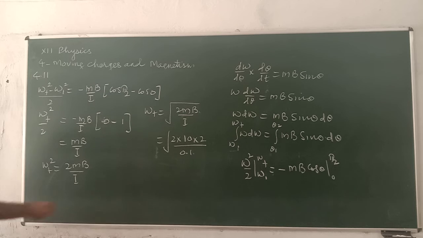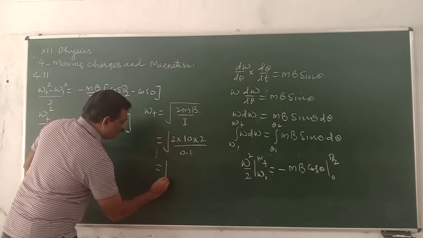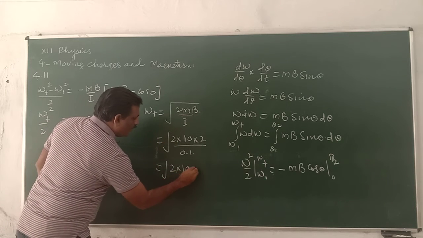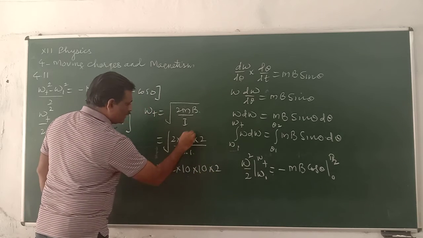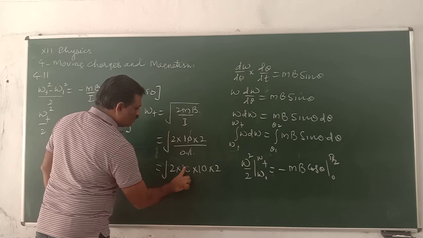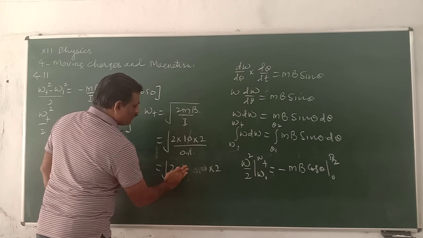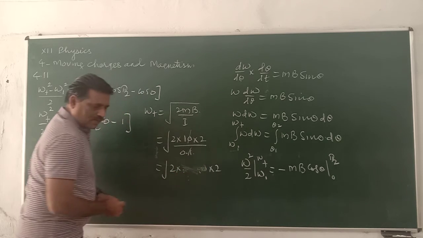If you check, this will go as 2 into 10 into 10 into 2, divided by the 0.1 factor. These 2 are getting cancelled.